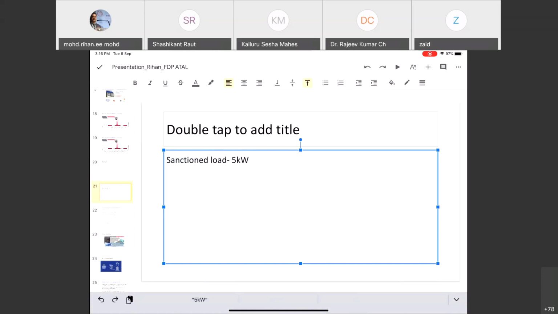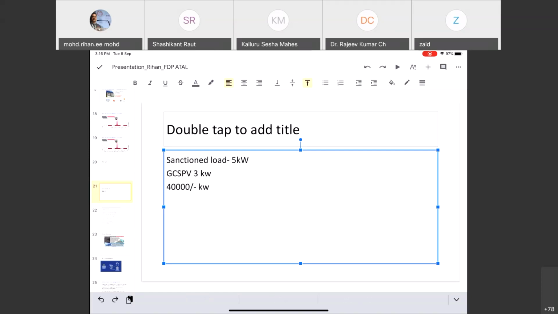And you intend to install a net metered grid connected SPV. We can say GCSPV, grid connected solar power plant of 3 kilowatt, let us say, in your house. And the cost I have discussed during the last talk also, 40,000 per kilowatt you can take as the cost.